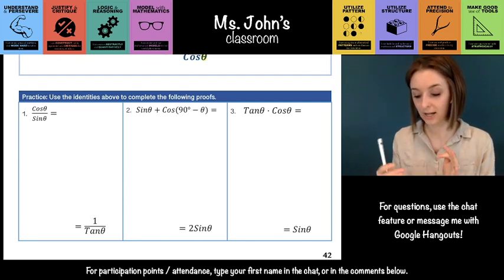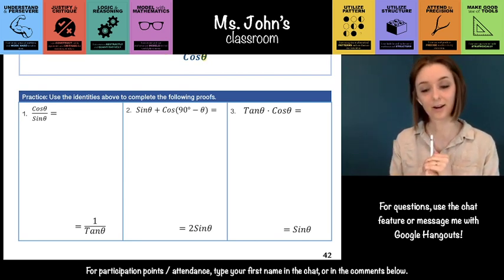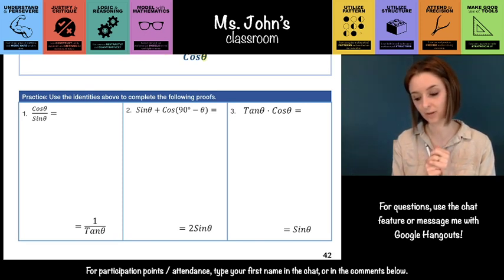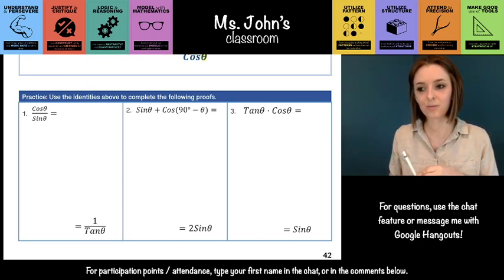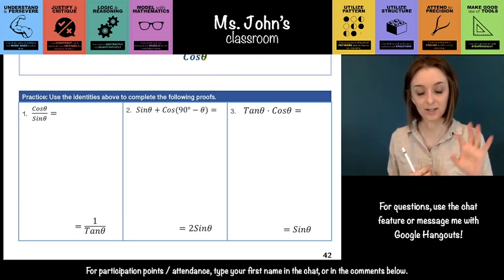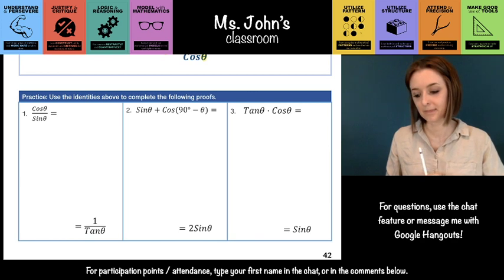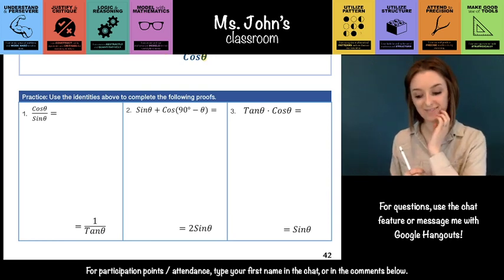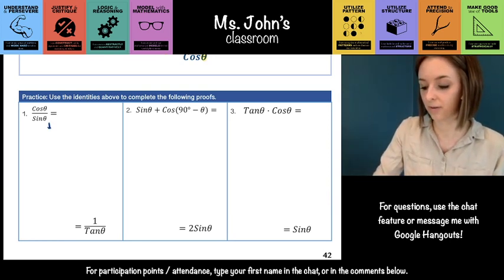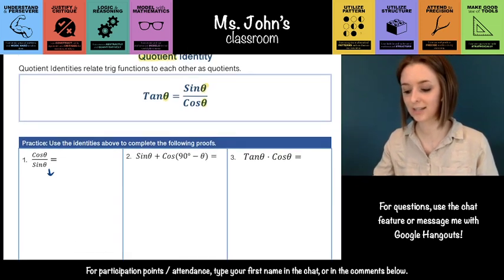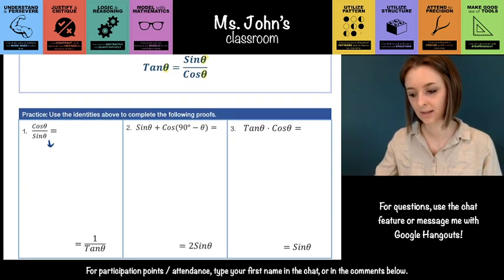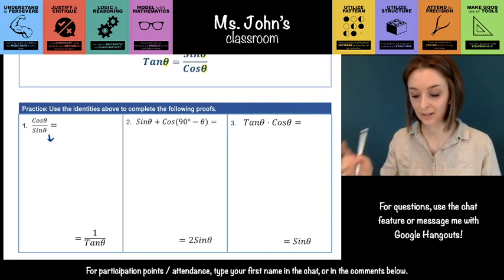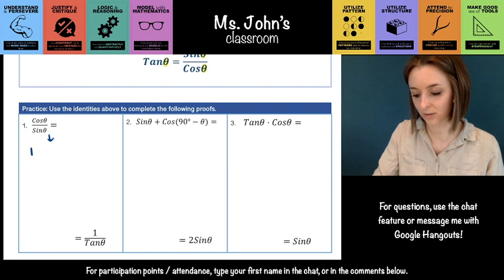So right here we have cosine over sine, and we're trying to prove, that's what these are, they're proofs. We're trying to prove that it equals 1 over tangent by replacing things with their identities, just like the identities that we just learned. Here's my first step for this one. So cosine over sine, we know that tangent is sine over cosine. It's the other direction. So I'm going to write this as 1 divided by sine of theta over cosine of theta.